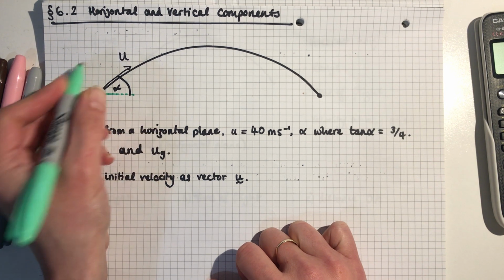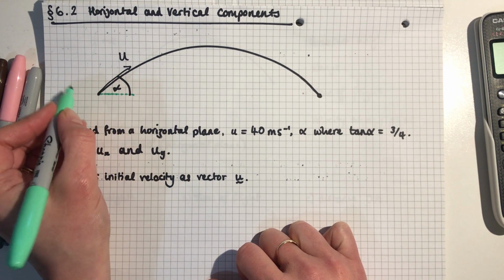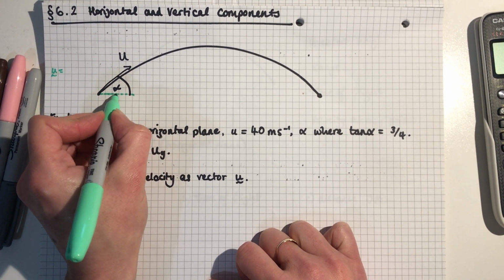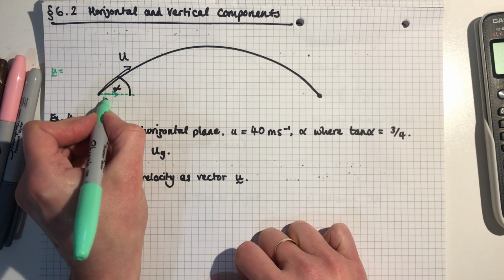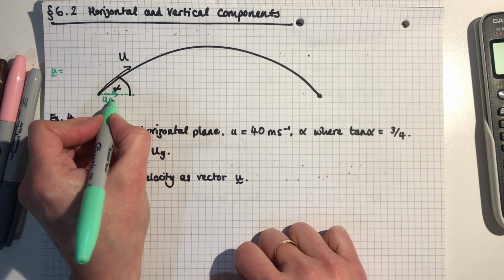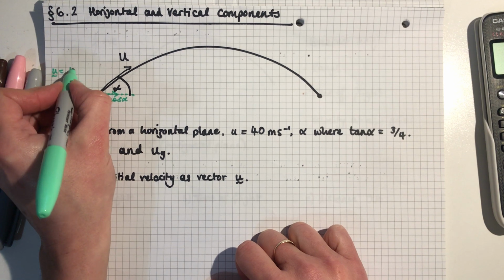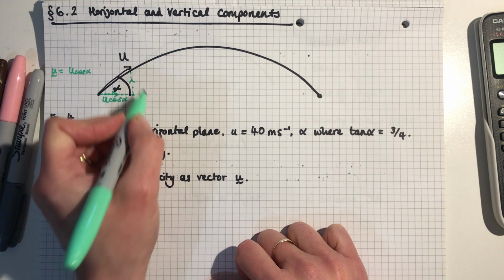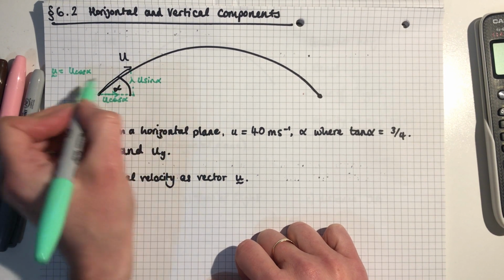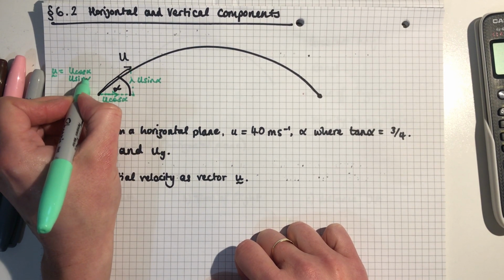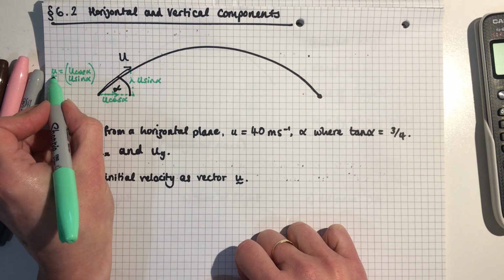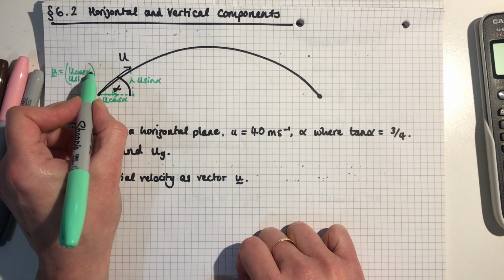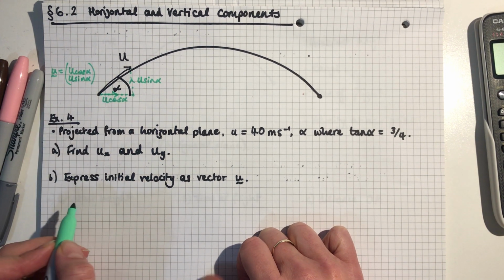And therefore this velocity vector will have a horizontal component to the right of capital U, whatever the speed is, multiplied by cos alpha, and a vertical component going up of capital U sine alpha. So that's the velocity that you initially project at. It's always the speed times cos alpha horizontally and the speed times sine alpha vertically.